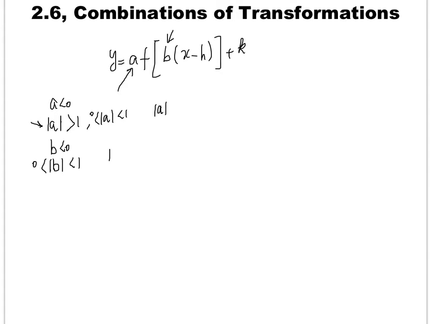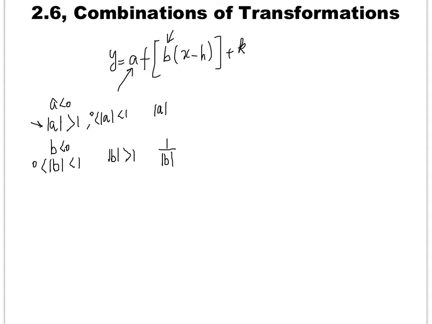And if absolute value of b is greater than 1, we are going to compress about the x-axis. But by what factor? Now this is the confusing part. The factor now becomes 1 over absolute value of b.